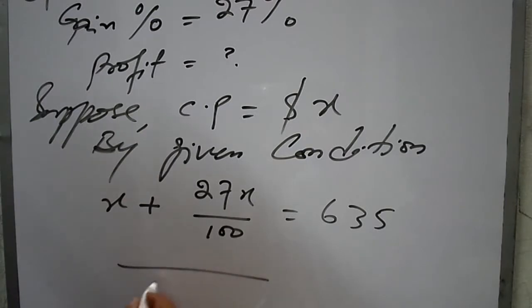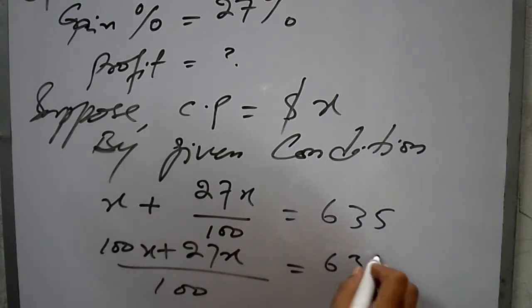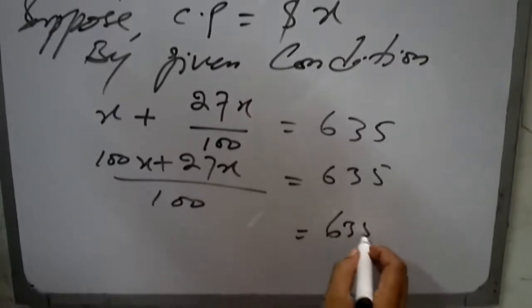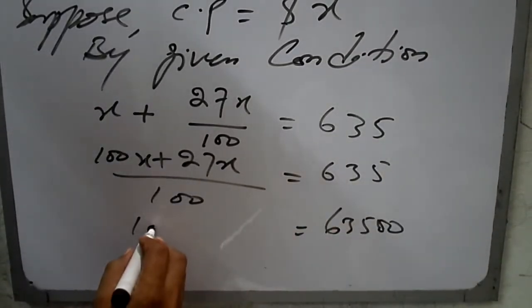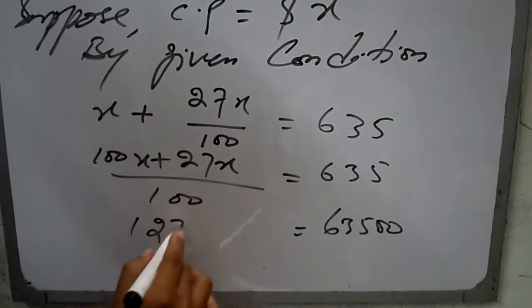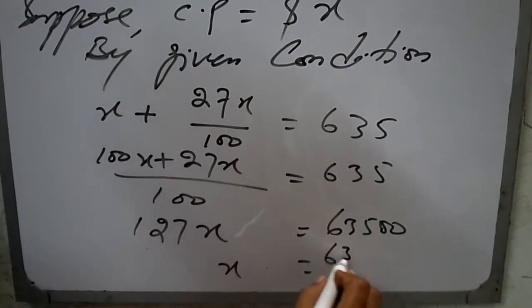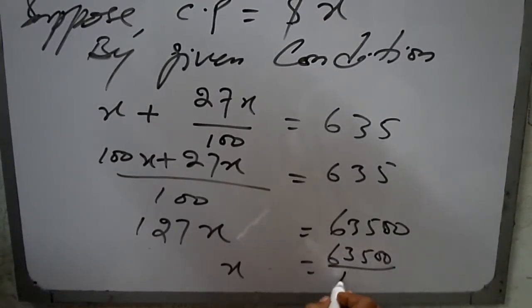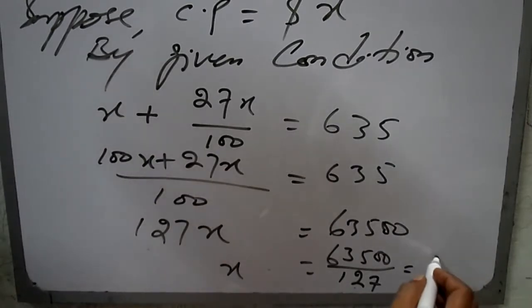So by taking LCM, by further simplification, by using cross multiplication, this 100 multiplied with this, so 100x, it will give you 127x. You need the value of x, that is 63500 divided by 127, so the value of x is $500.